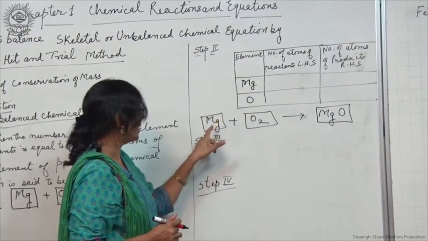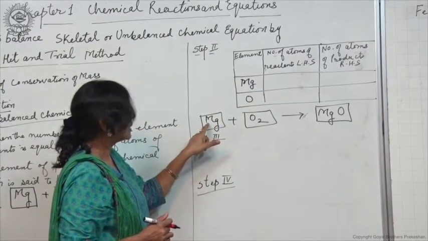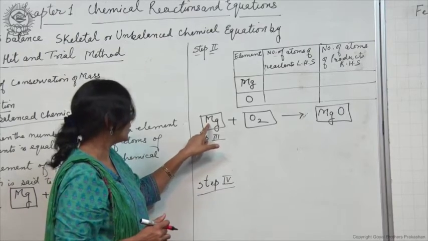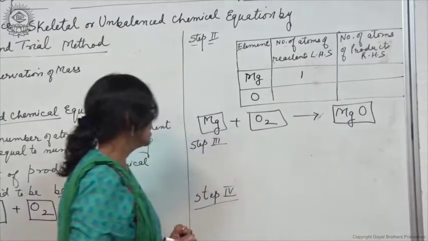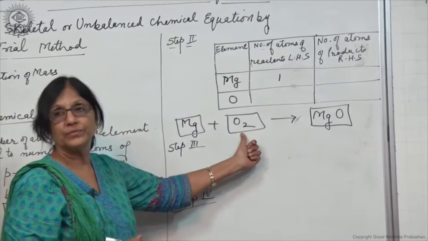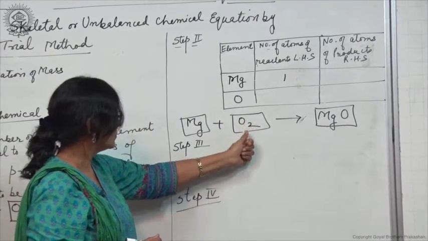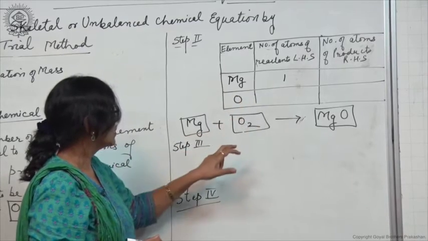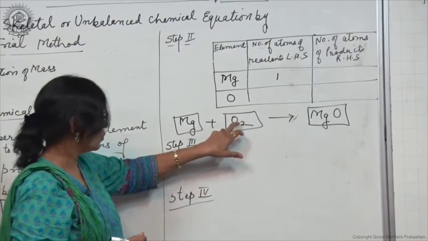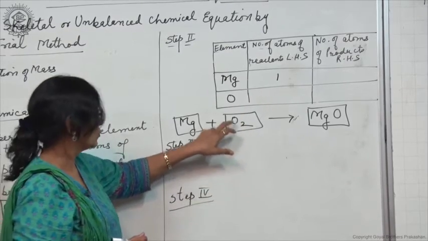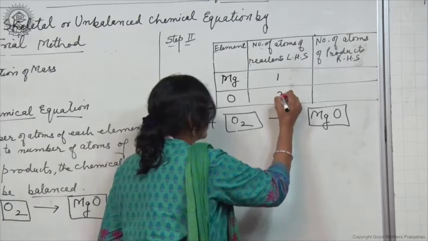Magnesium, how many atoms of magnesium are there? On the left hand side there is one magnesium atom, we can write here 1. And how many atoms of oxygen? On the LHS side there are 2, O2, 2 is written as subscript. So there are 2 oxygen atoms.